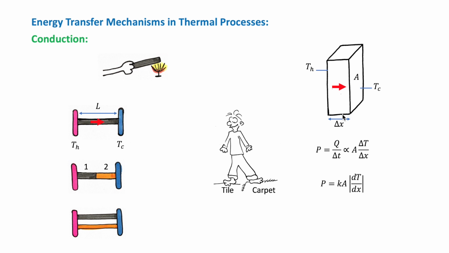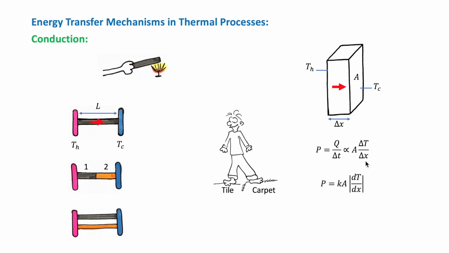So let's suppose we have a slab of thickness dx and cross-sectional area A. If one face is hot at a temperature Th while the other is relatively colder at a temperature Tc, then the rate of energy transfer by heat in watts, P equal to Q over delta t, is proportional to the cross-sectional area and the temperature difference, and inversely proportional to the thickness of the slab.